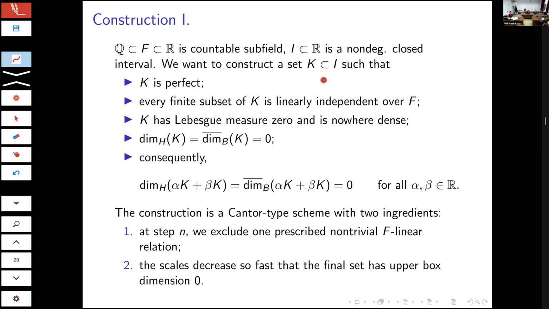Who doesn't know this? Who knows this statement? Maybe all of you know it, no? So the first proof of this statement was by von Neumann. At that time these were not studied so far, but a perfect set which is nowhere dense.